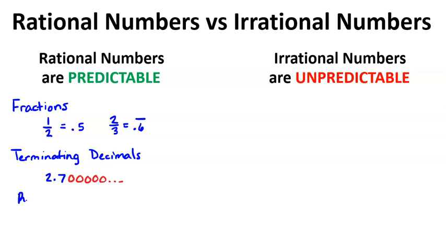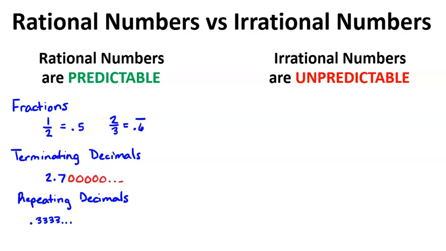Now, when it comes to repeating decimals, they can be written one of 2 ways. So we have 1/3, which is the same as 0.333333 on forever. So when I look at this here, I can tell that these 3's are repeating.